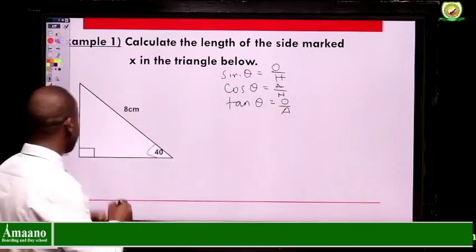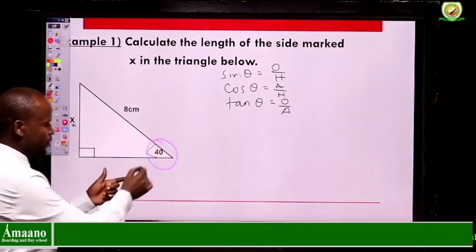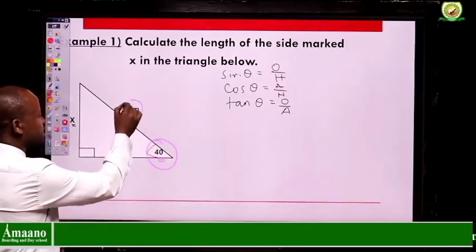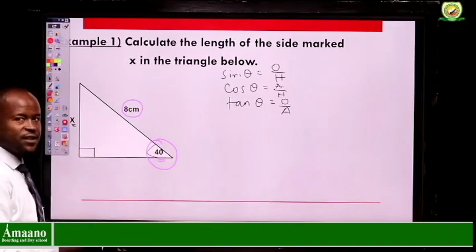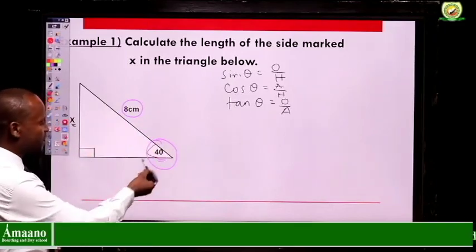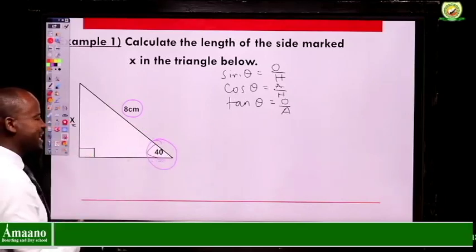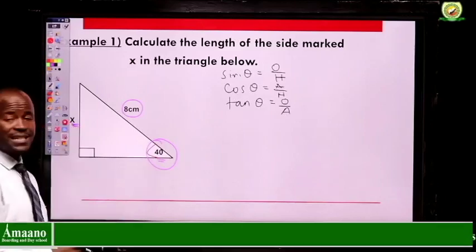As you can see here, the given angle is 40 degrees, and the side given as 8 centimeters is the hypotenuse, which is opposite to the 90 degree angle, the longest side in this right-angled triangle. Referring to the 40 degree angle, what relationship does X have with it?